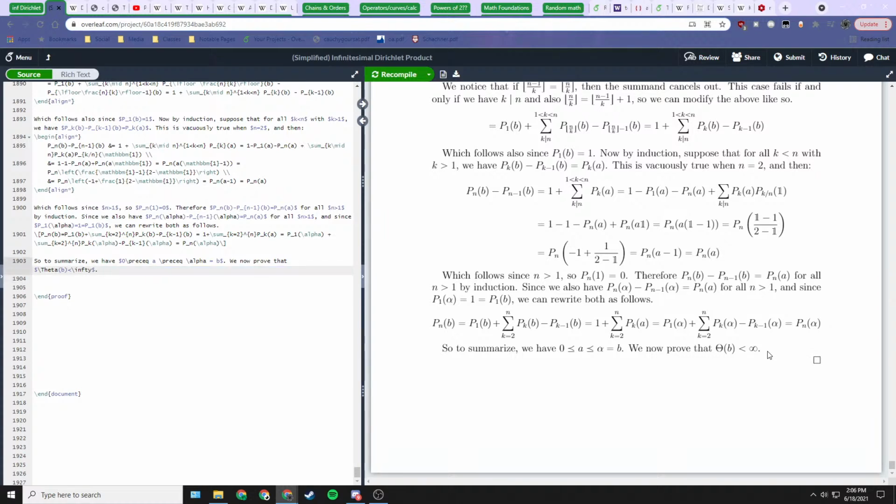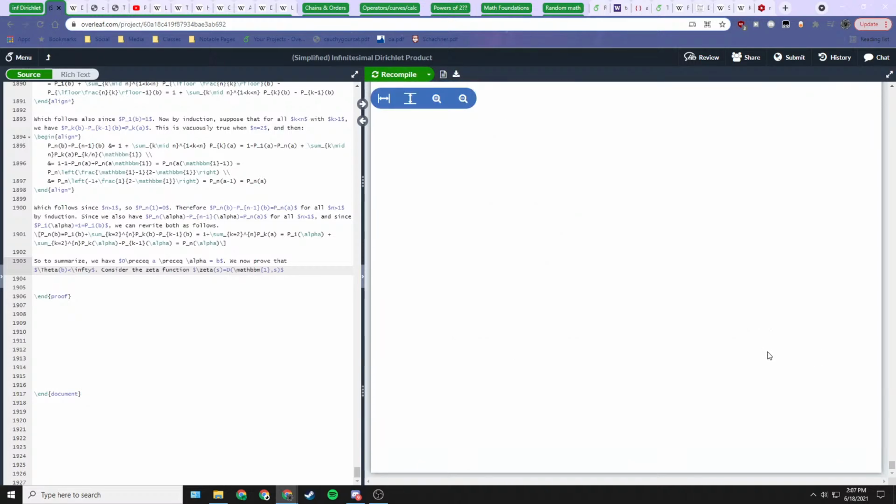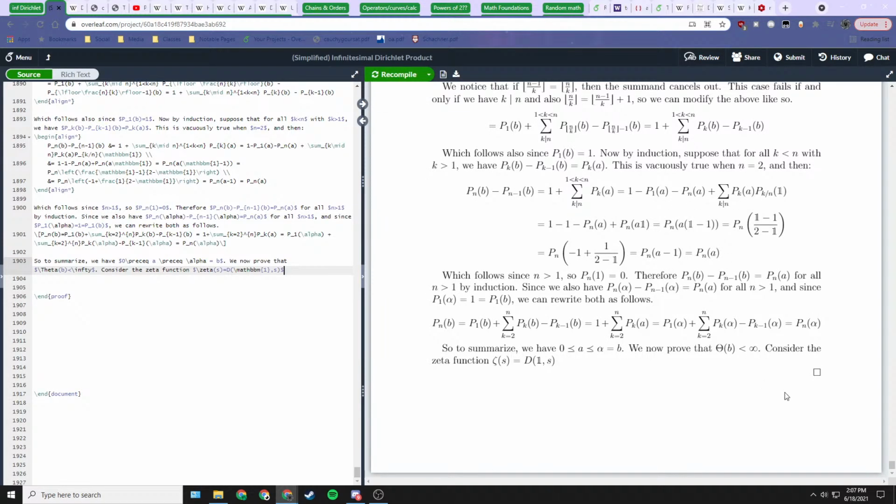So what we're going to do is consider the zeta function, zeta of s, which is a Dirichlet series with 1 over n to the s. Okay, so we're going to consider this zeta function as this.